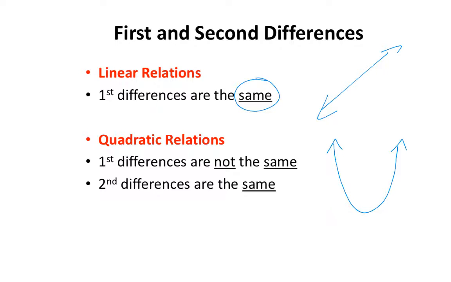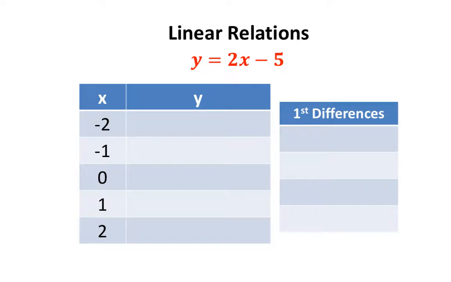In a quadratic relation, first differences are not the same, whereas the second differences are the same. We're going to be seeing these patterns today. In our first example, we're going to be looking at a linear relation, y equals 2x minus 5.